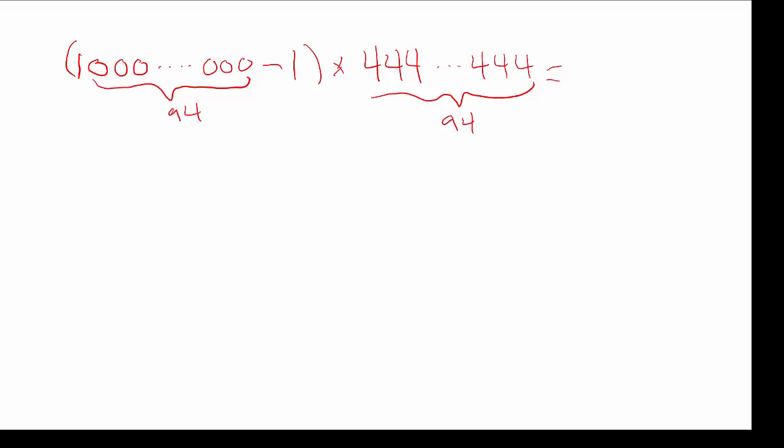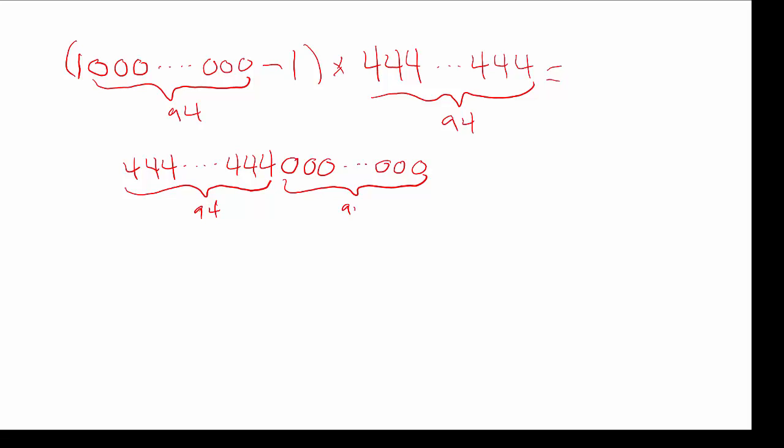When I multiply that out, using the distributive law, for the first term I'm going to get 94 fours followed by 94 zeros, minus 94 fours.